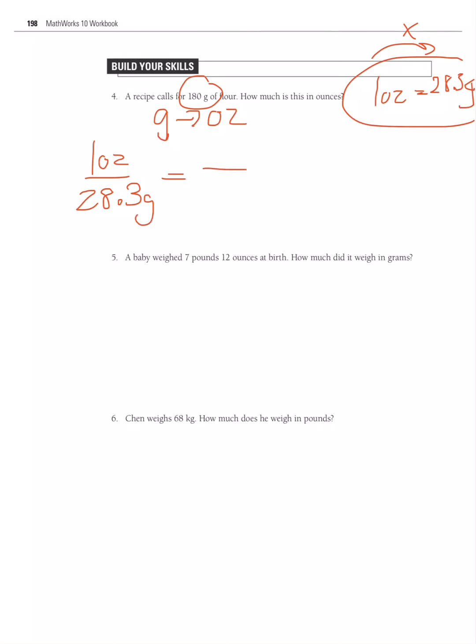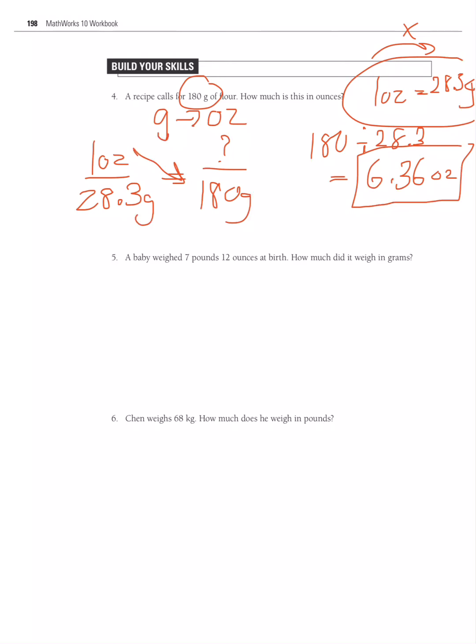So we're going to put that on the bottom. And then we're trying to find the numerator. So now you can easily see it's 180 times 1, which is 180, divided by 28.3. Sorry, I almost did that backwards. So 180 divided by 28.3, and I get 6.36 ounces.